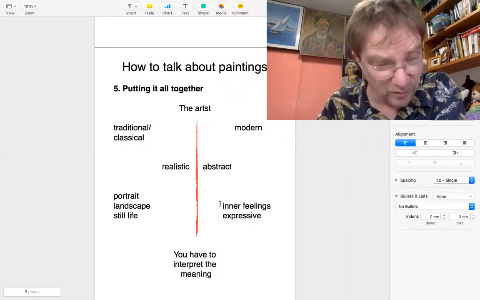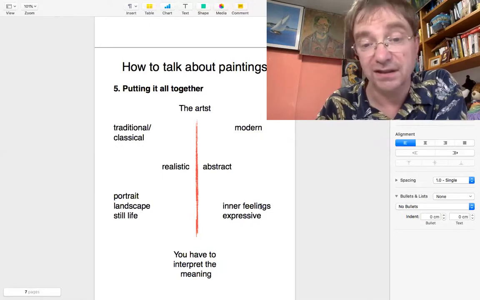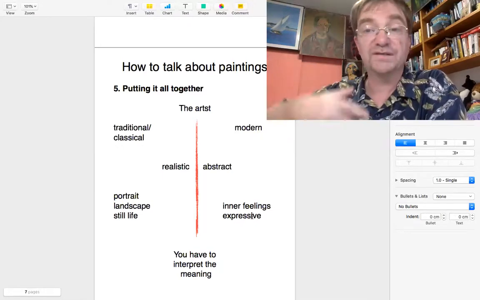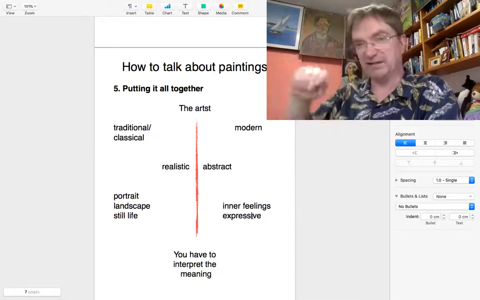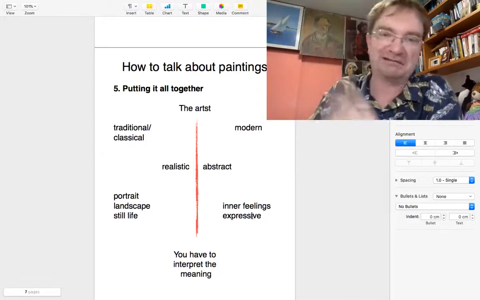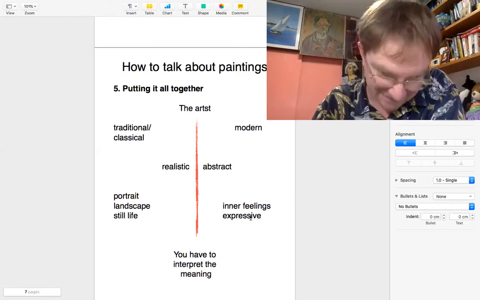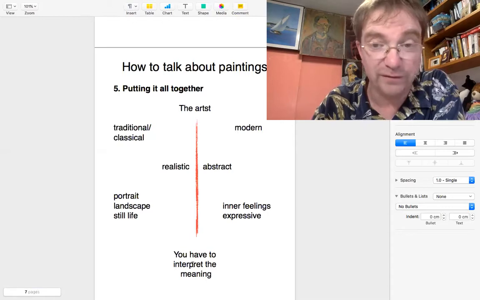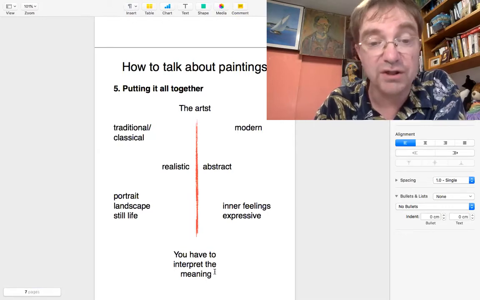More important is not what you're looking at, it's the inner feelings of the artist who shows his or her feelings. Again, getting angry and painting. That's expressive. And here we are watching the art. We are the viewers. You have to interpret the meaning.